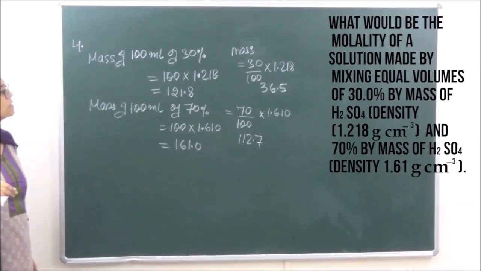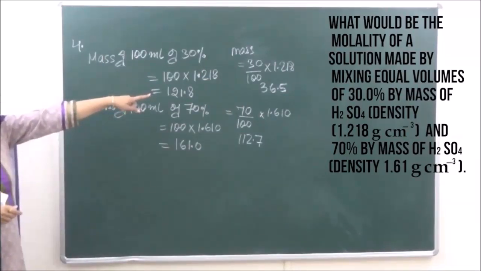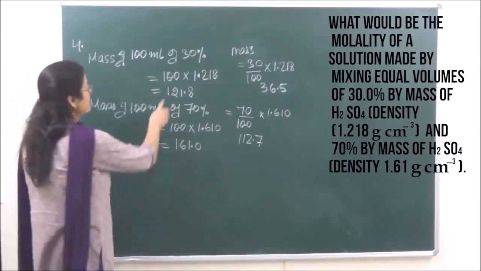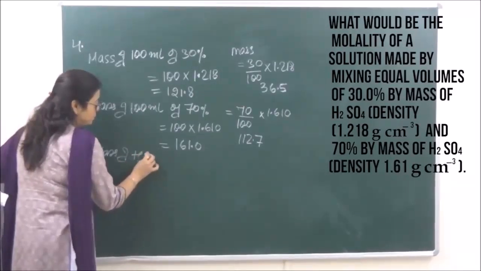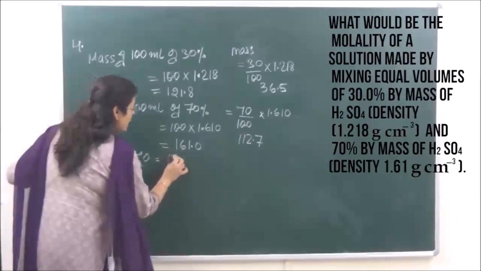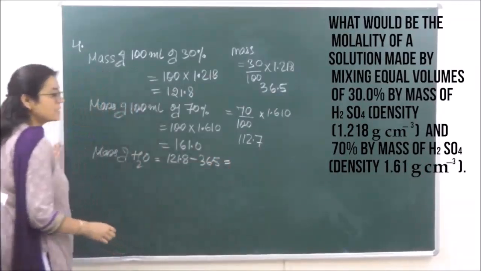Let's see what is the mass of water in the first case. How will you calculate? We will subtract. Mass of water in the first case will be equal to 121.8 minus 36.5.